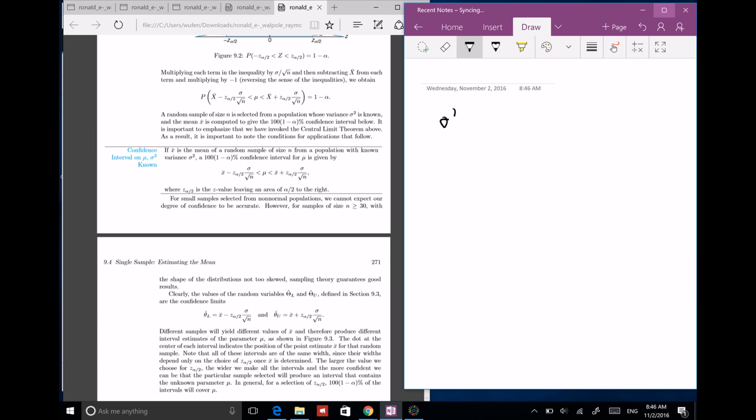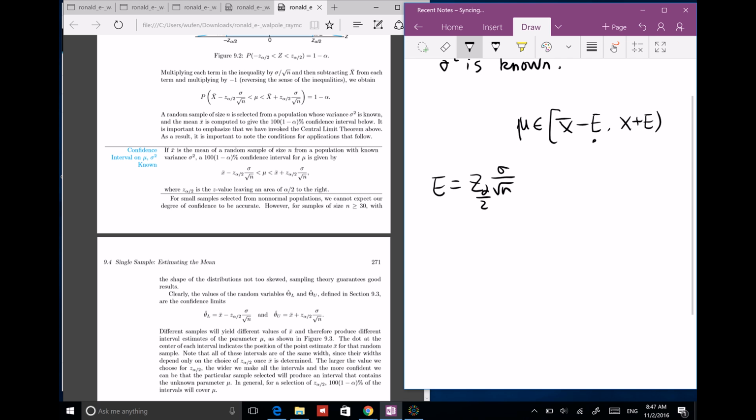If sigma squared is known, then the mean value will be x bar minus E and x bar plus E, where E is the error. The E is based on your confidence. So E equals z alpha over 2 times sigma over square root of n.